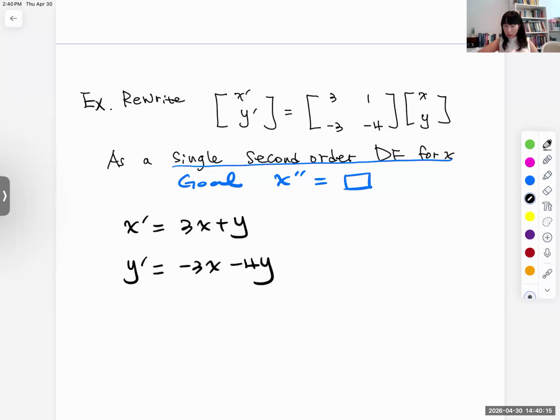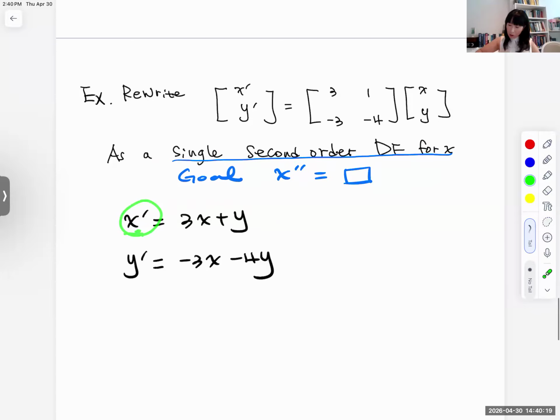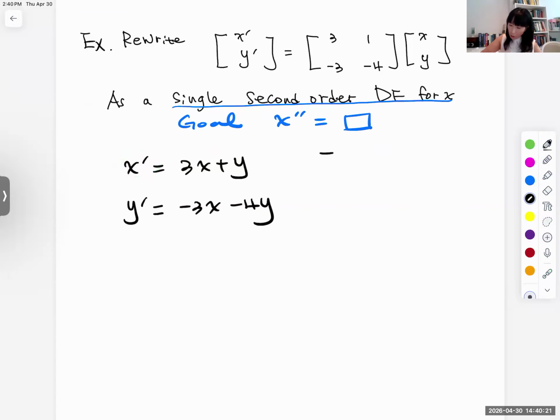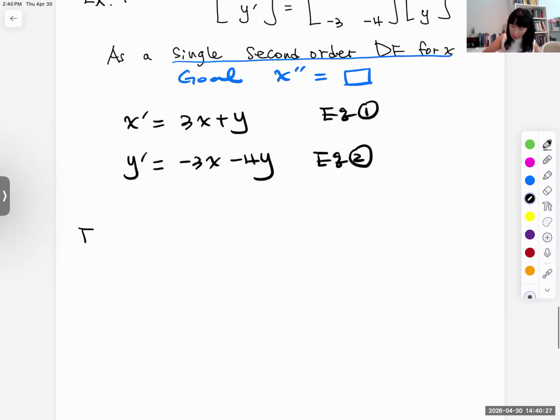Yeah. Okay. Then we want to solve for second prime, right? So equation 1, equation 2, from equation 1, yeah, then we done, right? So we derivative, right?